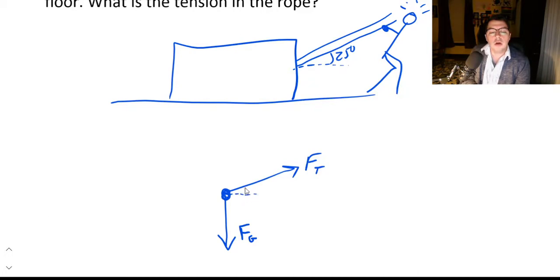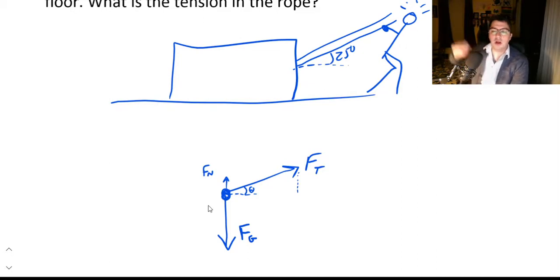Now, what we know is that in the y direction, we don't expect this box to lift off the floor. So if the box maintains contact with the floor, I already have a y component of my tension force here. My normal force does not need to be that large because the y component of the tension force helps reduce that contact with the floor, right?